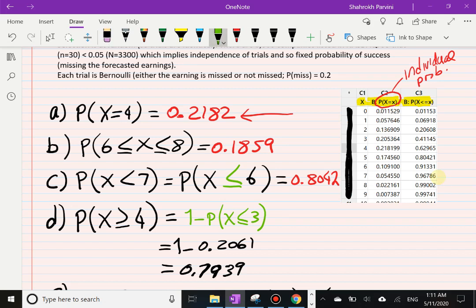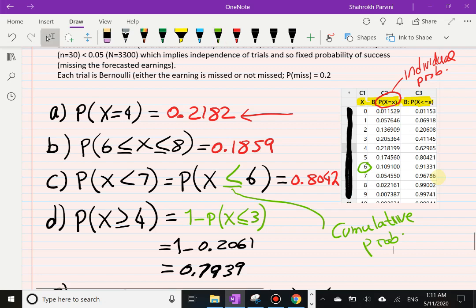Now because it's less than or equal, you look at the cumulative probabilities. That means these. This is, remember, the CDF, cumulative distribution function, less than or equal. So for less than or equal to 6, this is what I looked at. That covers probability of 6 or 5 or 4, 3, 2, 1, 0.